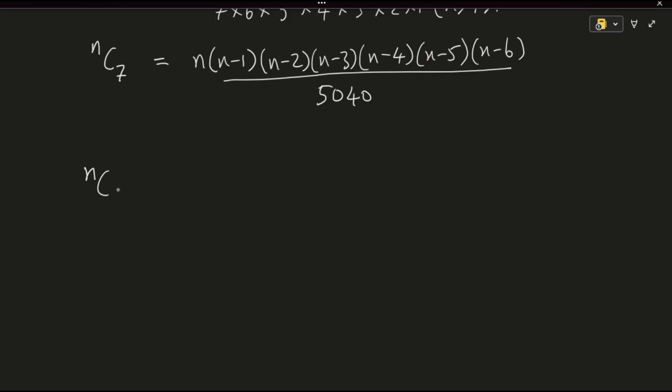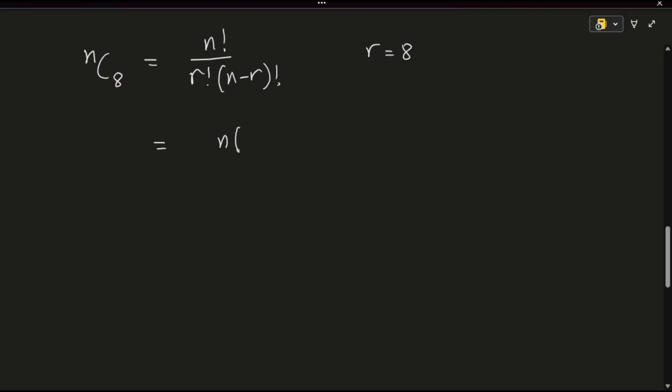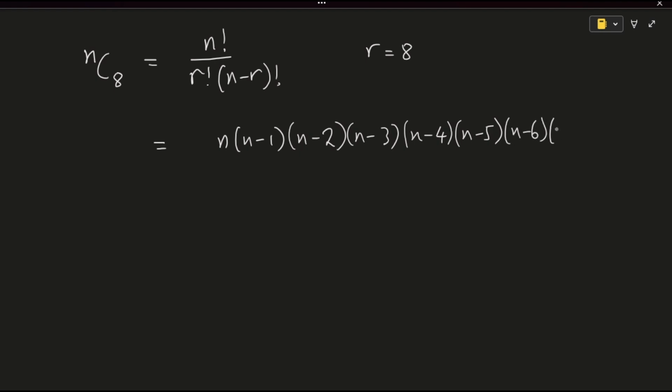our third term, which is giving us, where r is equal to 8 is giving us, now 8 factorial is 8 times 7.